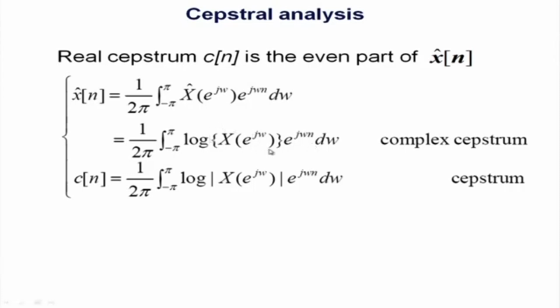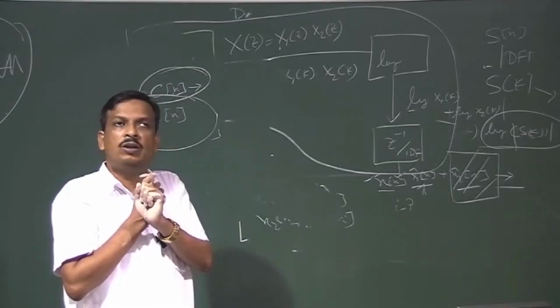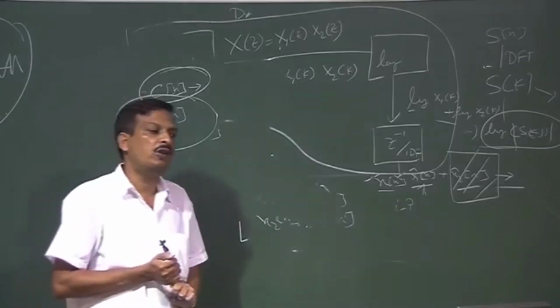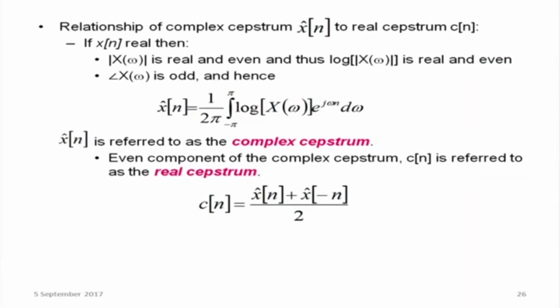Log of this complex. So this complex spectrum consists of both phase and magnitude, okay? But the real spectrum has only the magnitude part, the phase part is not there. Next day, or in one class, I will take up the relationship between the complex spectrum and the real spectrum.